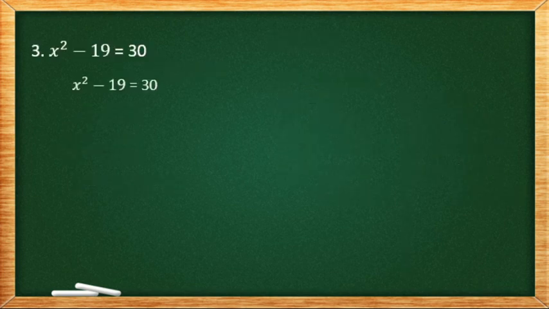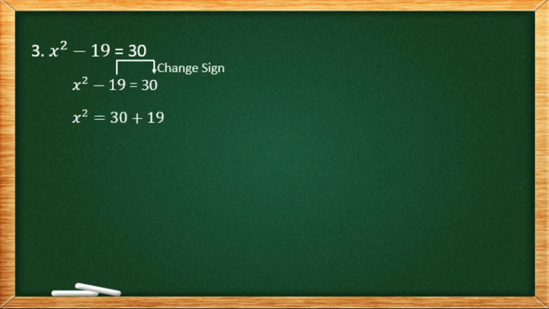Ito naman. What if the x squared minus 19 is equal to 30? Unlike sa number 1 and 2, equals sila sa 0, dito 30. Same lang naman condition. We need to transpose negative 19 to the right or sa kabila. So, magiging negative, magiging positive. Change sign.